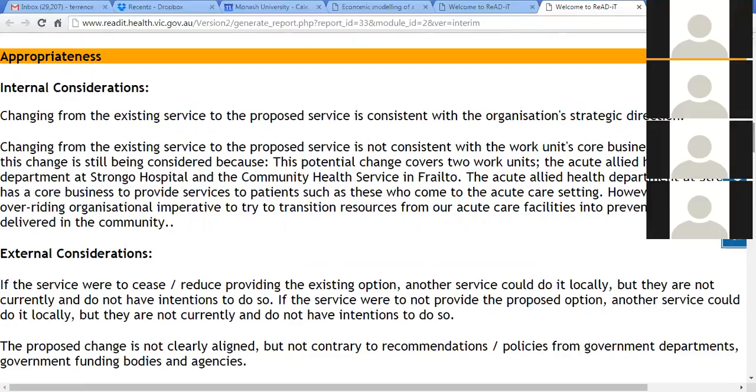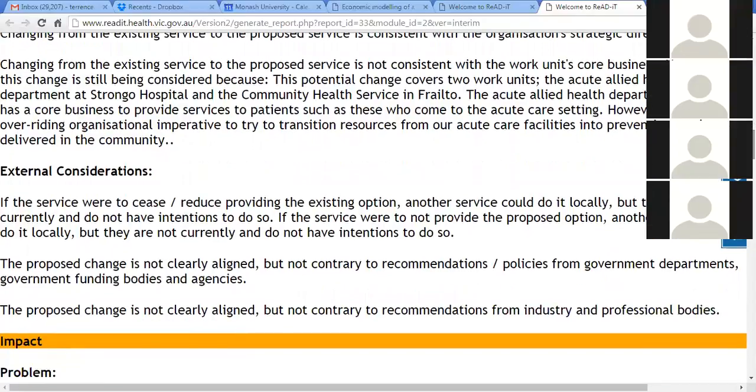For this theme, there are two domains: the internal considerations that related to the strategic direction questions that you answered, and also the external considerations domain, which related to things such as government policies and professional body recommendations as well. The responses that were provided in this fictitious example have now been automatically populated into this report.